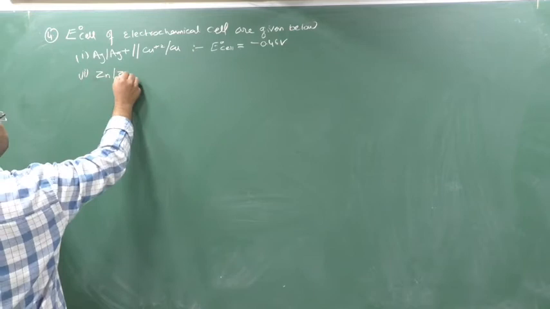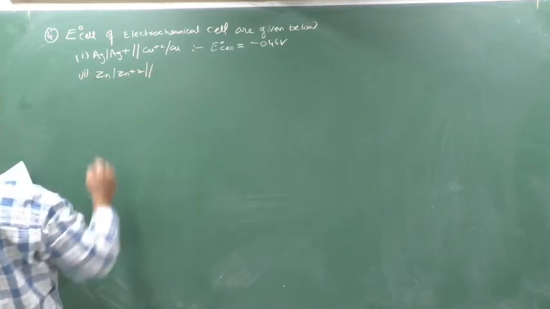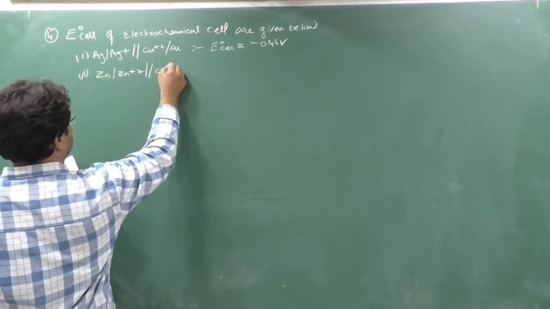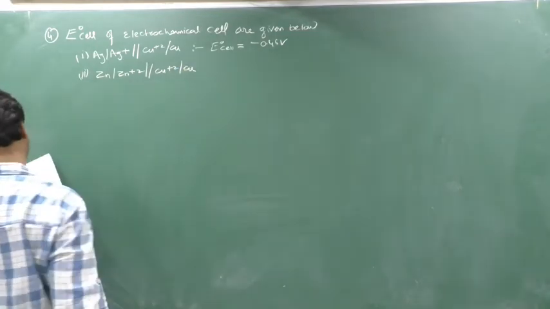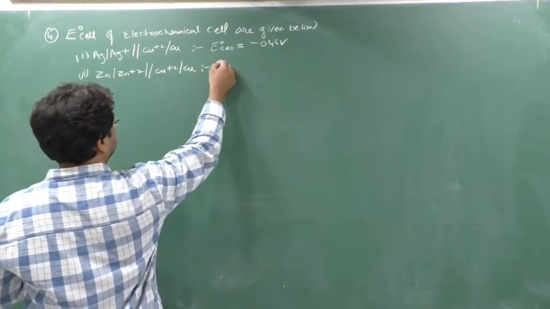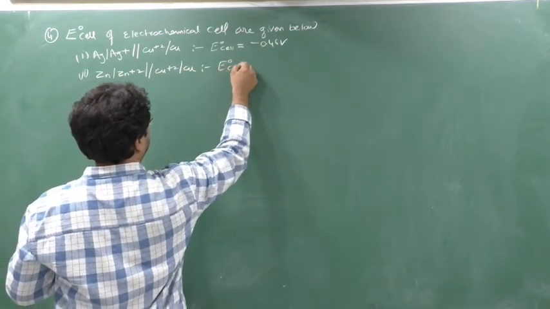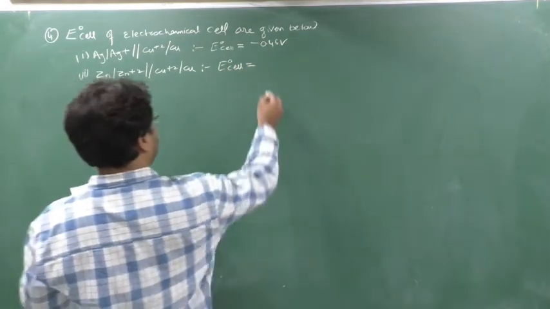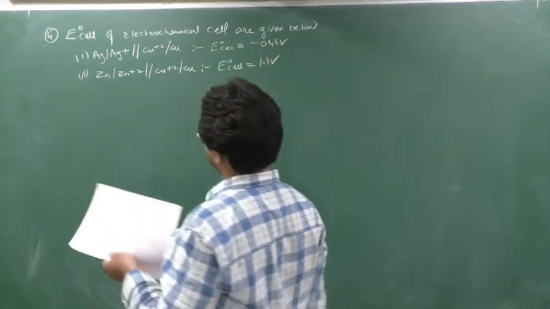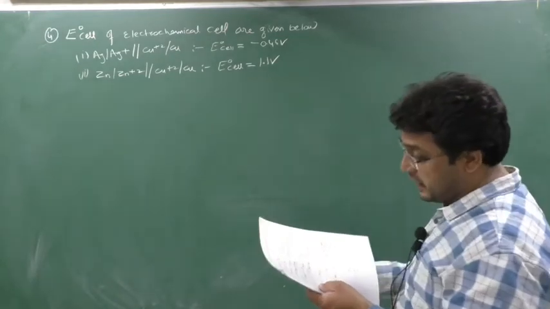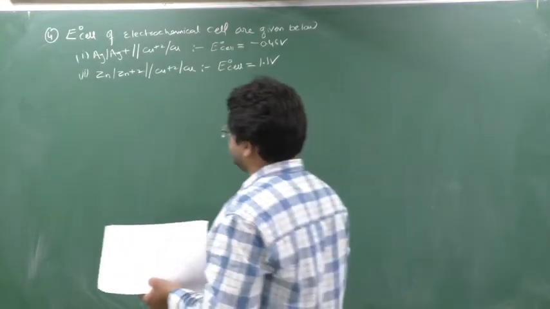Zn/Zn+2 salt bridge Cu+2/Cu, E naught cell 1.1 volt. These two cell representations they have given, and now listen to what they are telling.